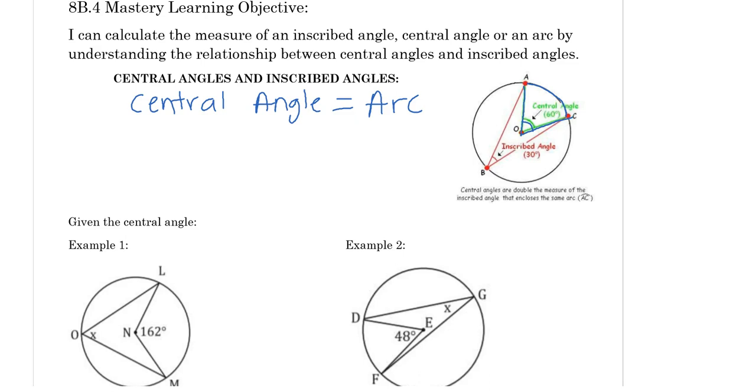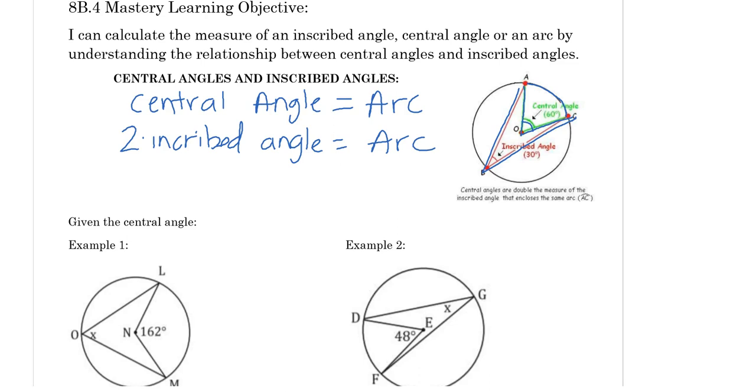If you have an inscribed angle, that would be what's in red here. If you have what's in red, that's going to be 2 times what the arc is. So 2 times our inscribed angle also equals that same arc.